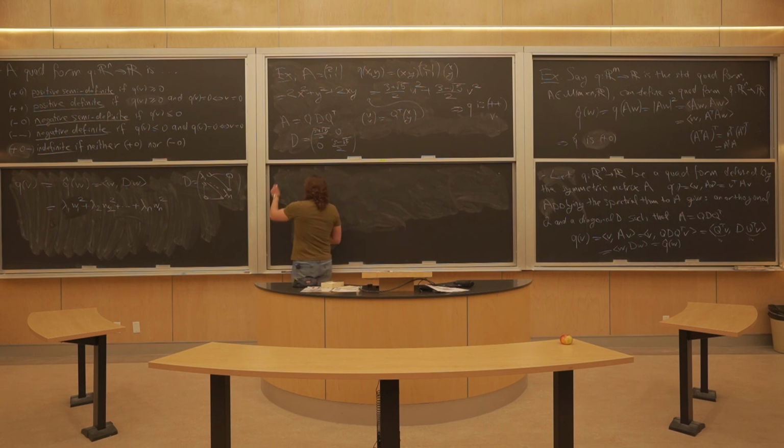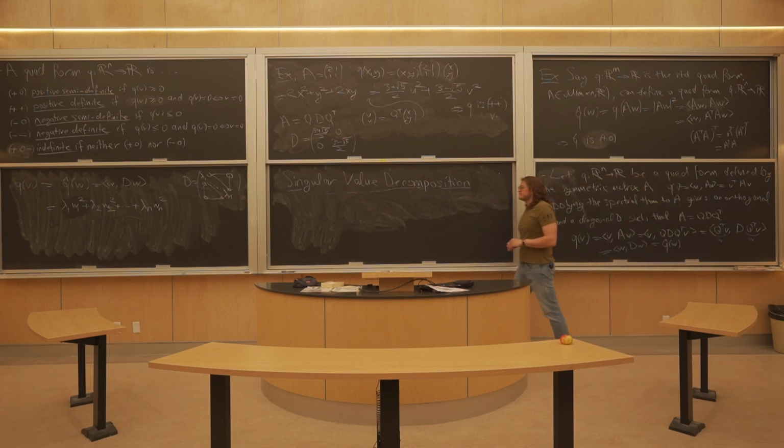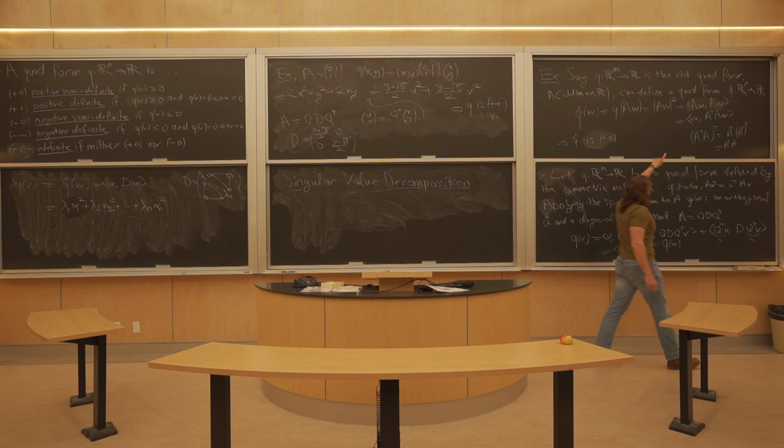Singular value decomposition is an idea that is similar. It's basically an offshoot of the spectral theorem. It applies to arbitrary matrices, not necessarily square or symmetric. You take any matrix, and you use this idea, okay?